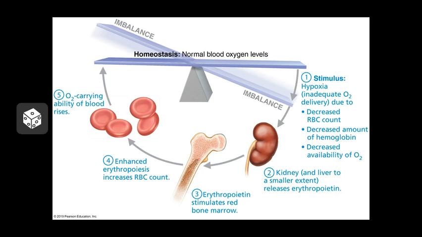But what happens if it's not normal? What if our red blood cell count is not within our set point? Well, any situation where there is a decrease in oxygen carrying capacity, regardless of the reason, that is referred to as anemia. Now, the flip side of that is when there are too many red blood cells.